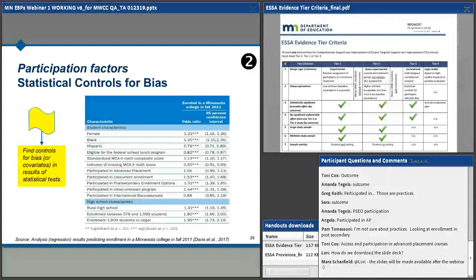So returning to our results tables, and based on what I've said about controls so far, which of these results look like controls or covariates to you? We're going to unmute you one more time, and people can either chat or say out loud what they think the controls or covariates are.